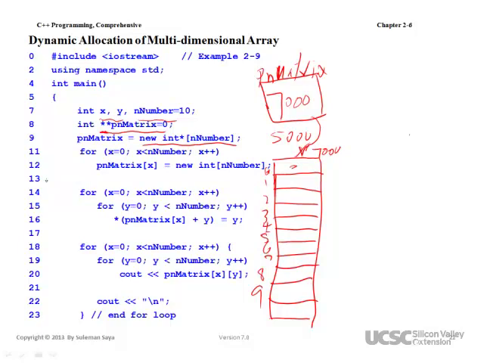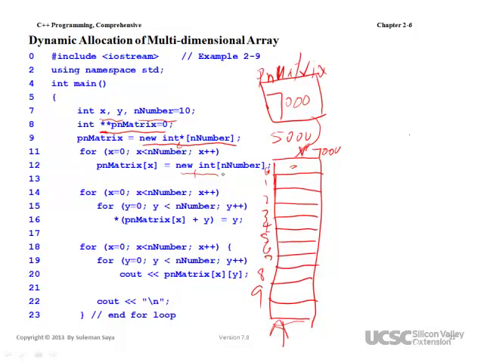Then we come right here to line number 12, and on the right side of the assignment operator, we allocate the data array. As you can see, there is no star in here. There is a star right here. That means we allocated this array right here, this whole array, and it will hold the addresses.